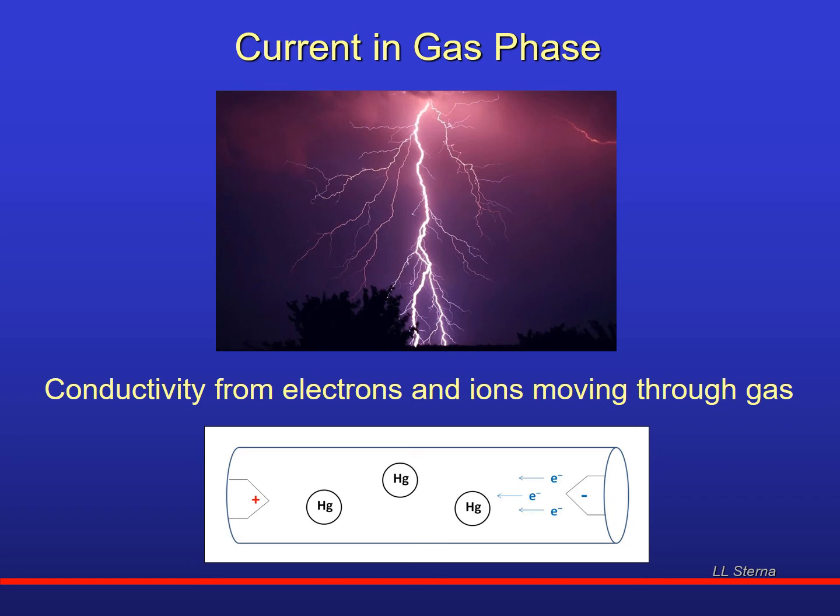Where does the light come from? Those electrons, as they're accelerated from the negative electrode toward the positive, collide with what is shown there as Hg. Hg is vaporized mercury. Mercury is a metal that has a vapor pressure. It's also a liquid, and a hazardous material to work with.